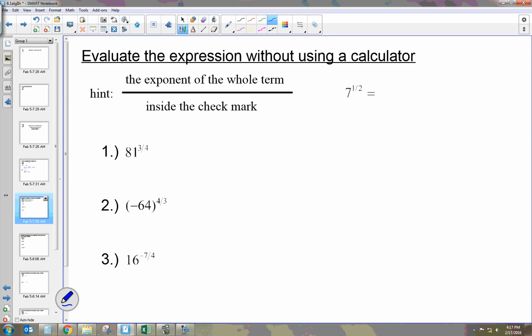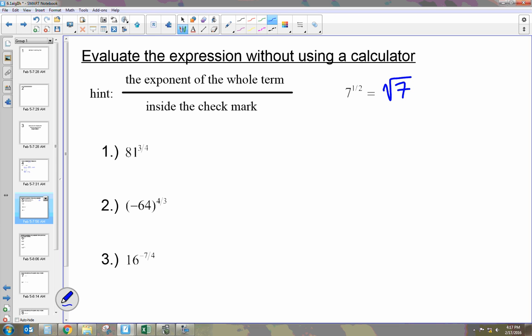If we go to this one, we're evaluating the expression without using a calculator. And if we look at this hint, the exponent of the whole term is on the top, the inside of the check mark is on the bottom. So we can rewrite 7 to the 1/2 as the square root of 7. Okay? So let's look at this one.